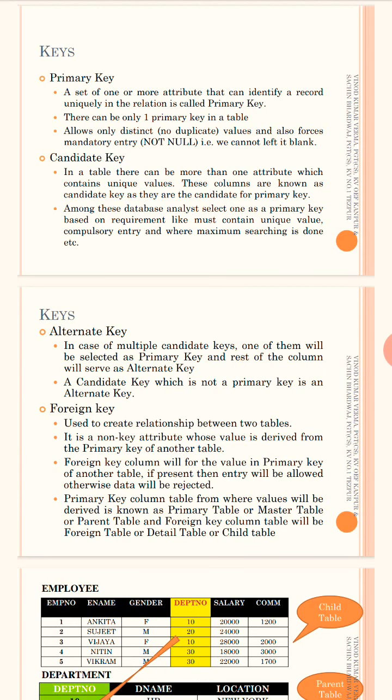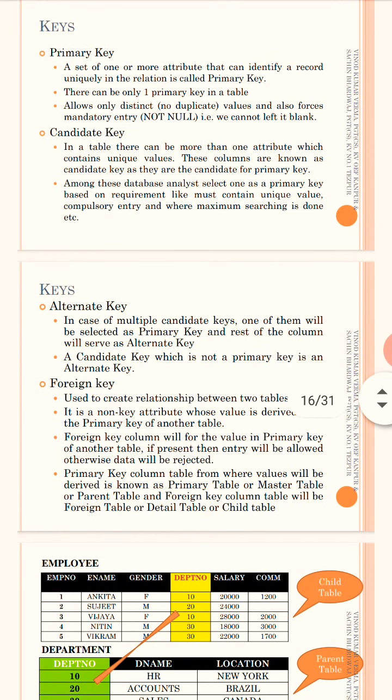Next is the candidate key. Like in a table, there can be one attribute which can contain unique values, or you can simply say these are the columns which can serve as a primary key are called candidate key.